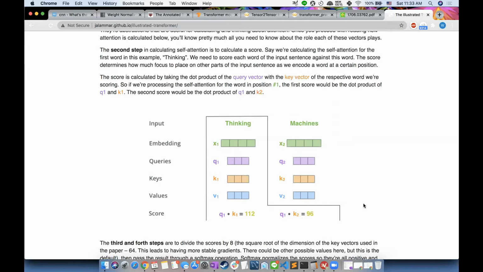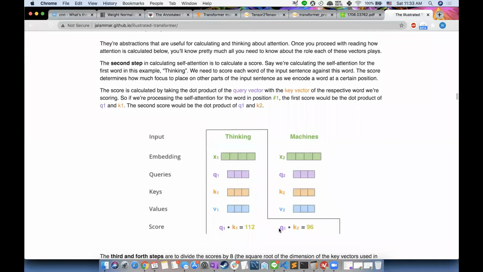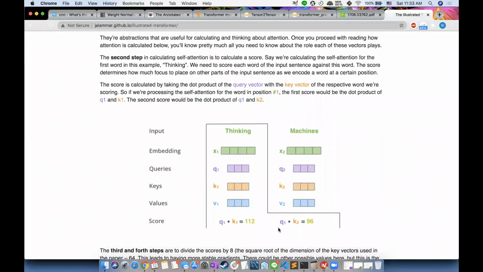And we're going to have a bunch of dot products of Q1 with all the other words' key vectors. Okay, so this is actually what it means when we say, how is thinking related to all the other words?